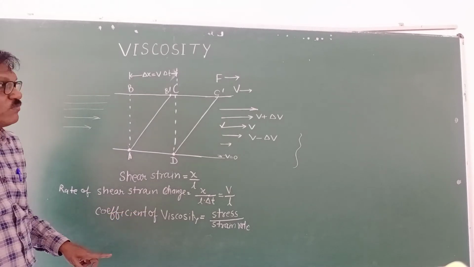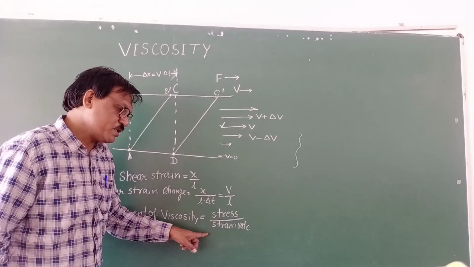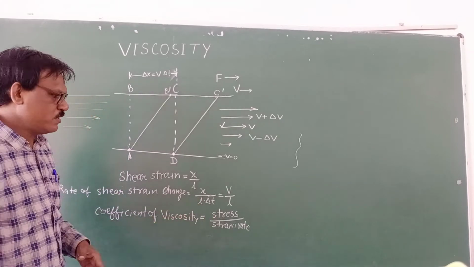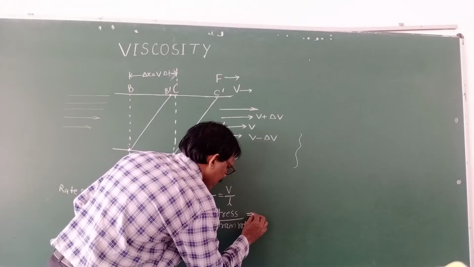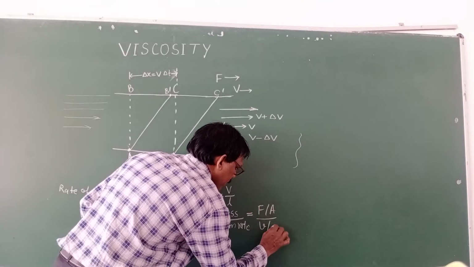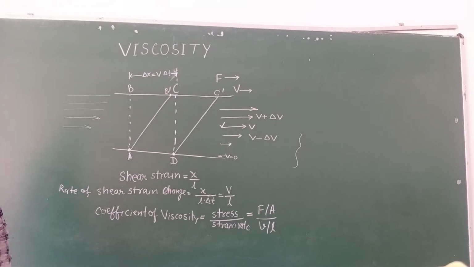Hence the coefficient of viscosity is given by stress upon strain rate. What is strain rate? Change in strain. It will become F by A upon small v by capital L. And we can calculate its dimension as well as its unit.